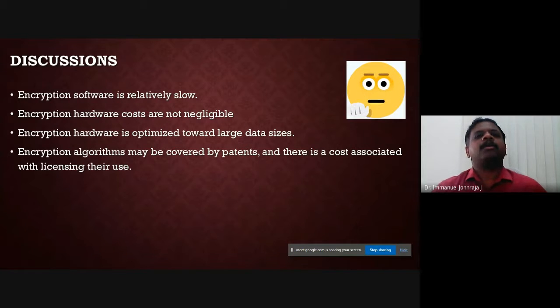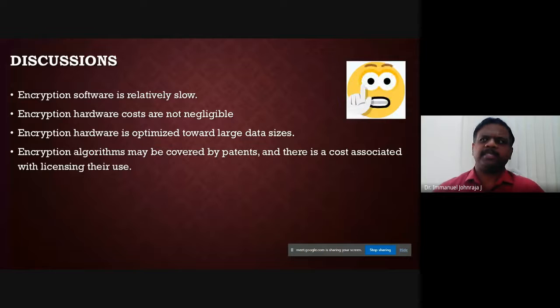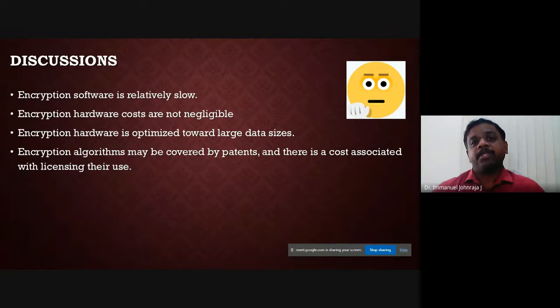People will generally go for hardware-based encryption, which is faster than software-based encryption. But there is a trade-off: the hardware for encryption and decryption is not cheap. The costs are not negligible, which means you have to take them into account.